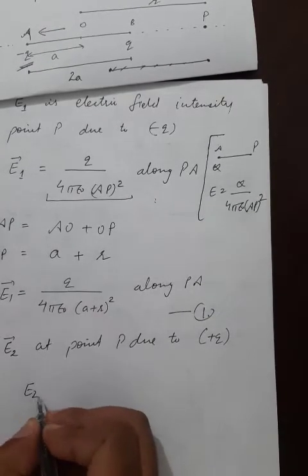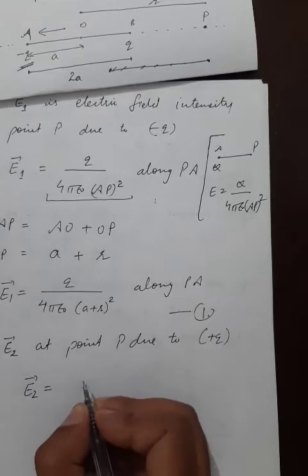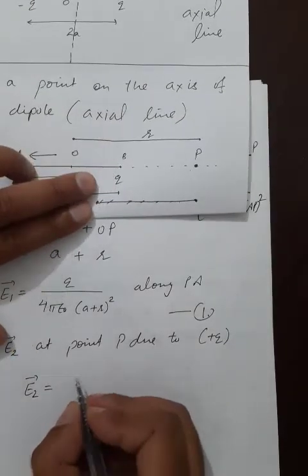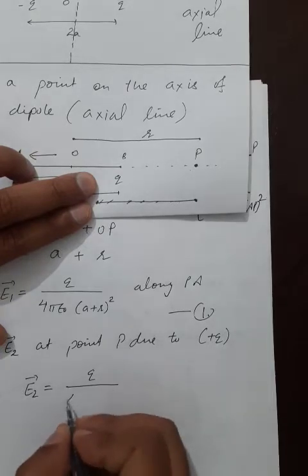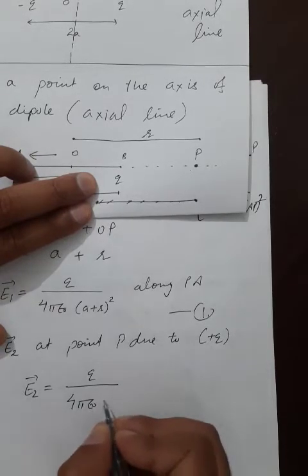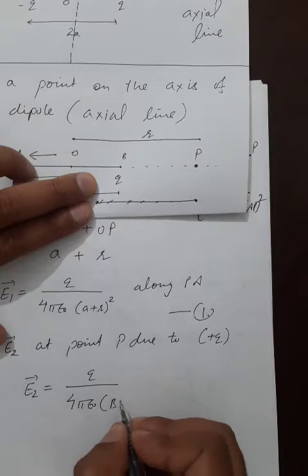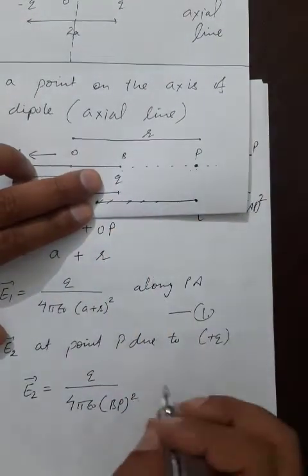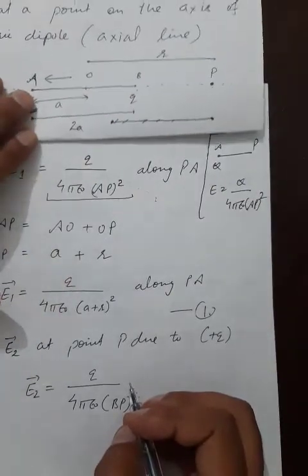Now E2 vector magnitude is equal to, again, this charge Q, which is at point B, Q over 4 pi epsilon naught, distance of the point from the charge, that is B to P, so BP square, and direction of the electric field intensity.